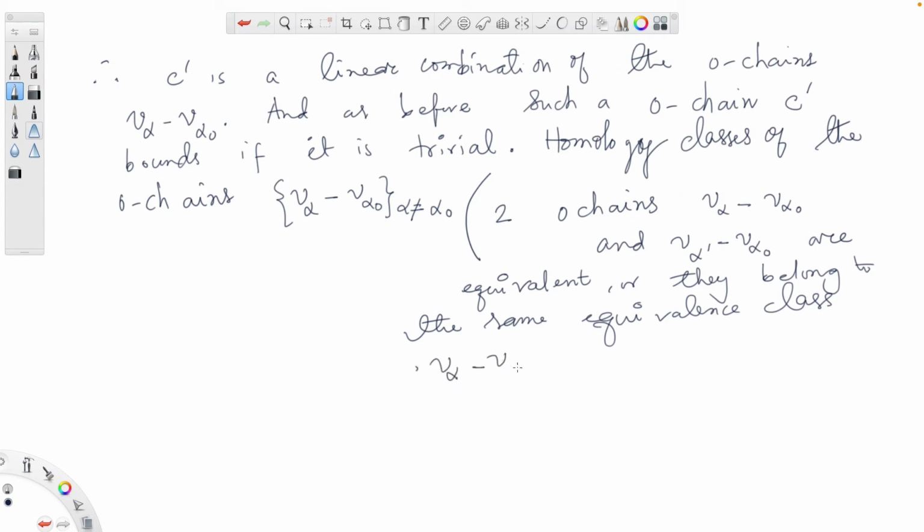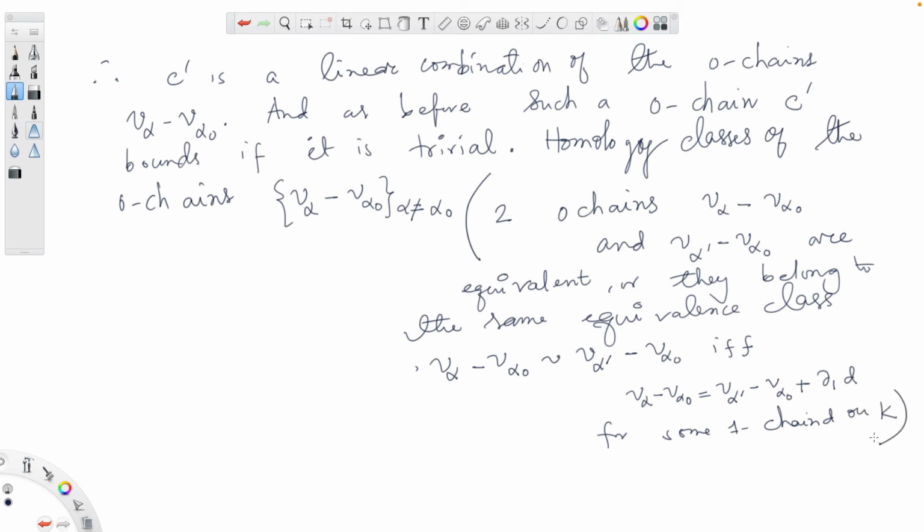V alpha minus V alpha 0 is equivalent to V alpha prime minus V alpha 0 if and only if V alpha minus V alpha 0 is equal to V alpha prime minus V alpha 0 plus delta 1 D. Okay, for some one chain D on this complex K. So this is what we mean by the homology classes of the zero chains here.